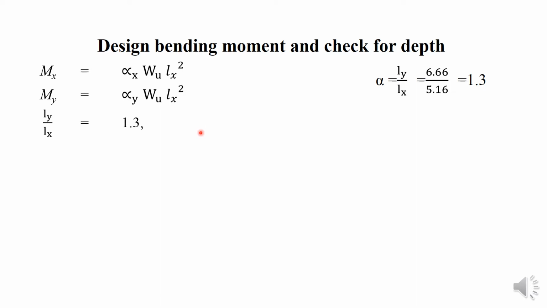So, Ly by Lx is 1.3. From Table 27, page 91 of IS 456:2000, we find the values of alpha x and alpha y. So, alpha x is equal to 0.079 and alpha y is equal to 0.056.